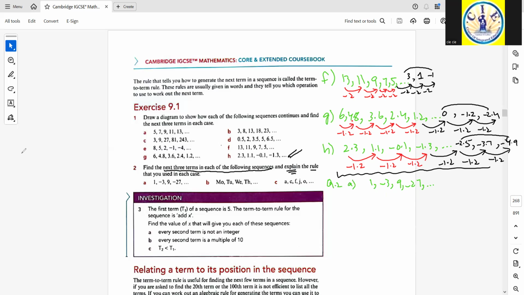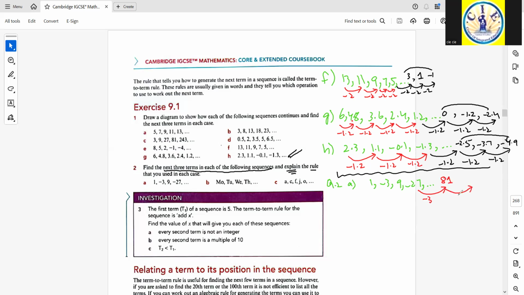Okay. And since these are the multiples of 3, so the number should be 3. So multiplying by -3. So in the same pattern, we can have -27 times -3. That would be positive 81.